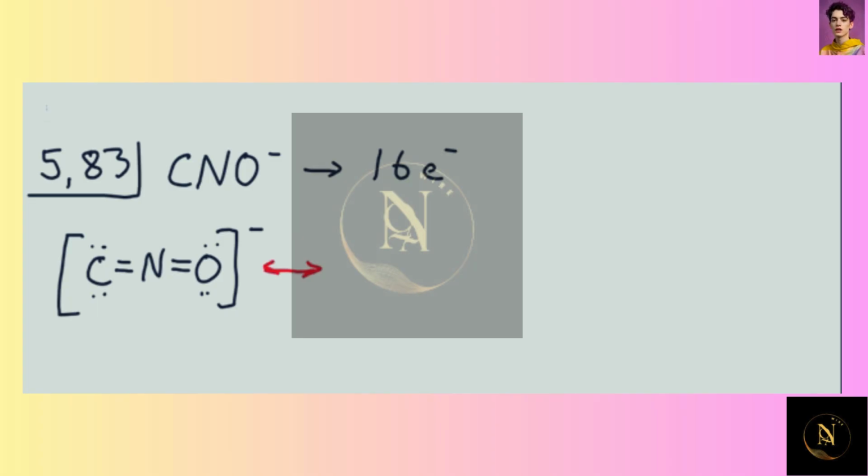So for the next resonance structure, instead of 2 double bonds, we could have a triple bond and a single bond. And that could be between either the carbon or the oxygen. So this here is our second resonance structure.